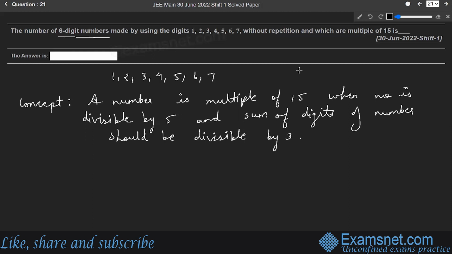And we have 7 different digits here. So if a number is a multiple of 15, it means that the number should be divisible by 5.